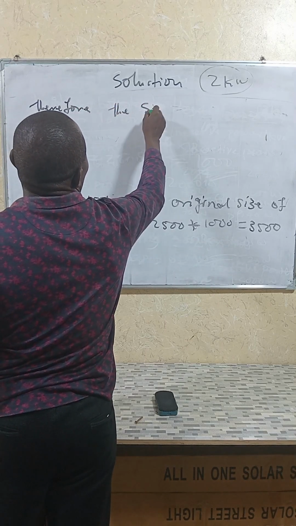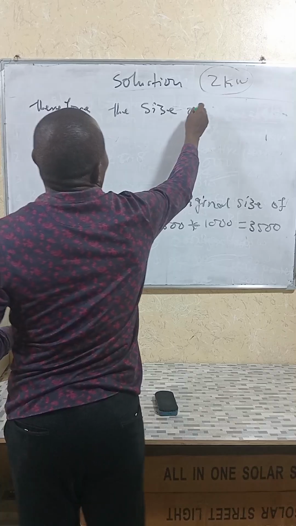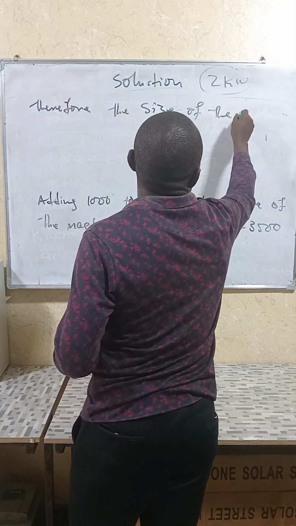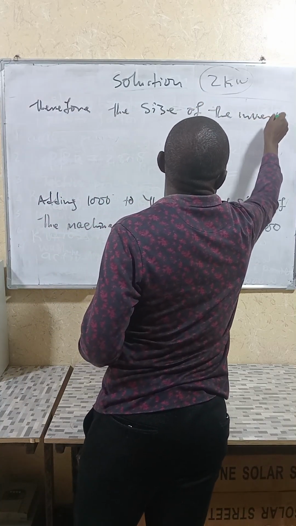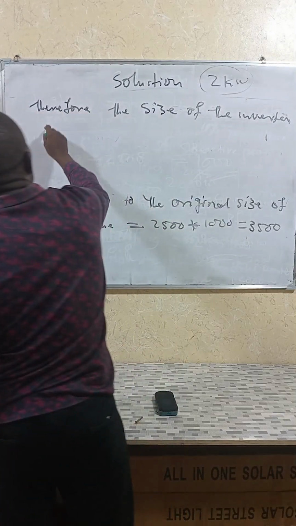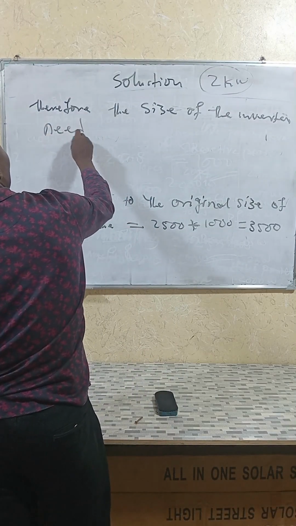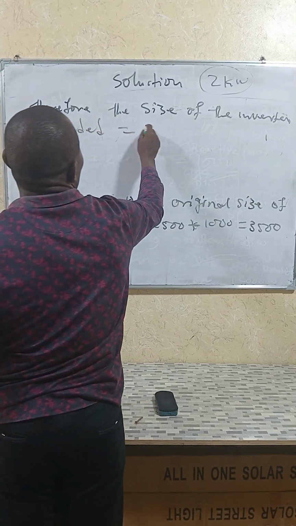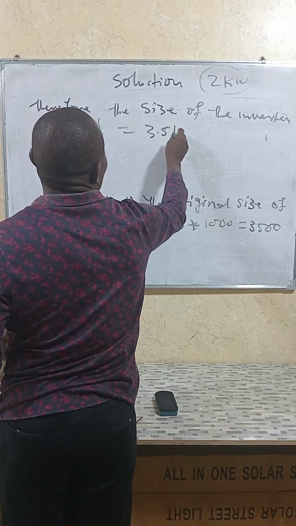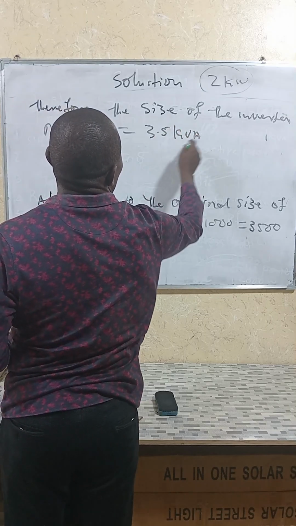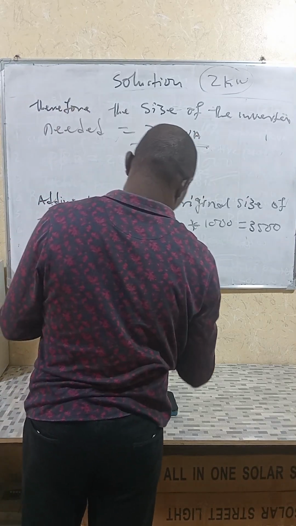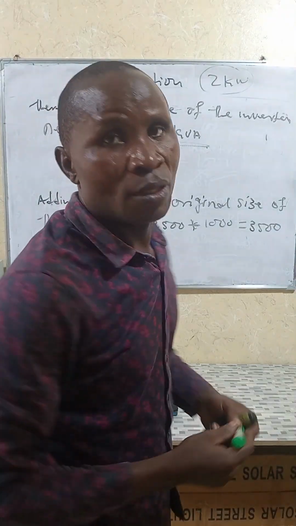Therefore, the size of the inverter needed is equal to 3.5 kVA. Do you see how simple it is?